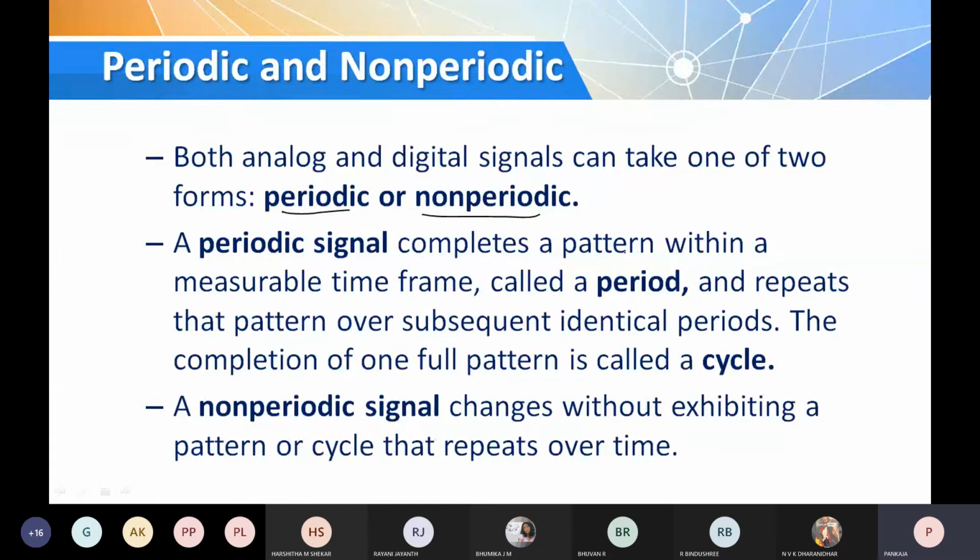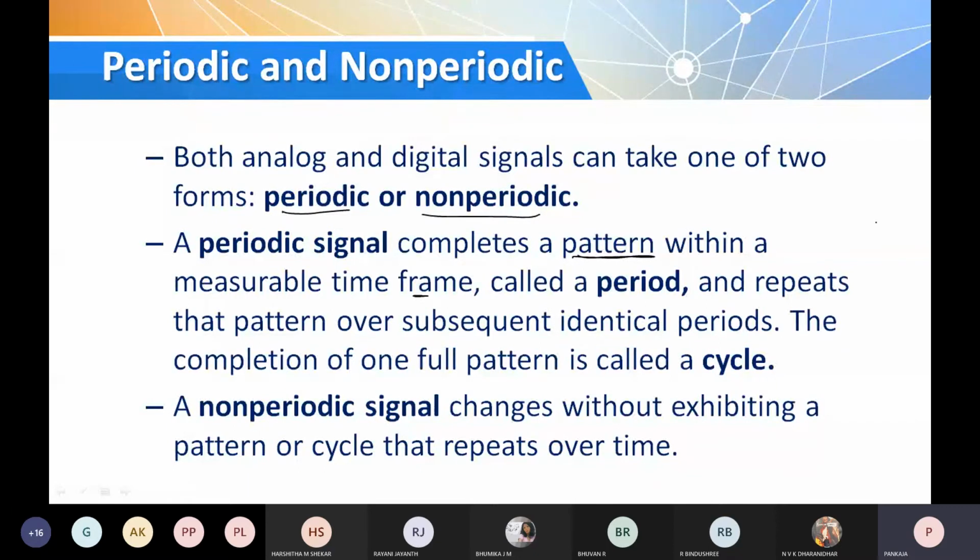It has some pattern, and that is measurable within a time frame. It is going to complete that pattern within a time. That is called a periodic signal.